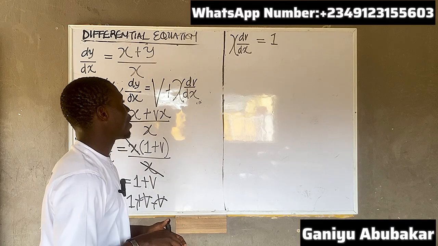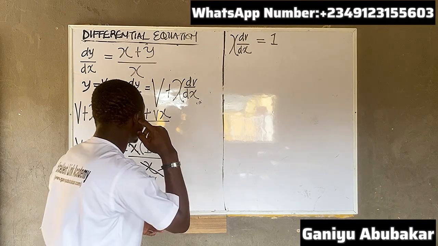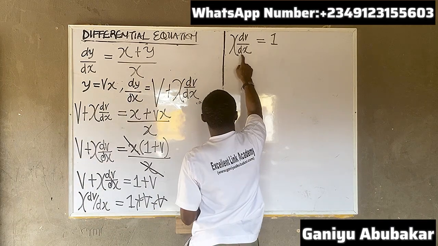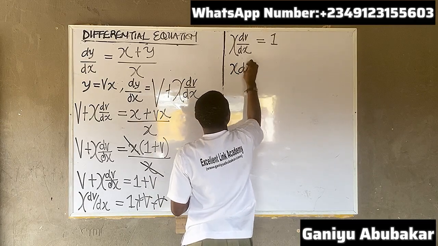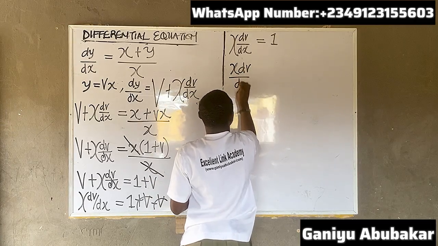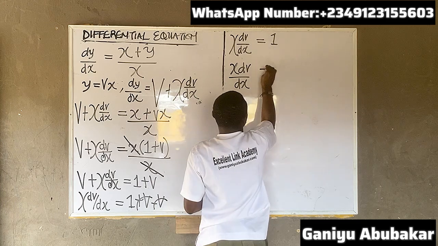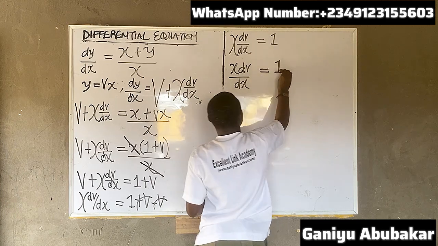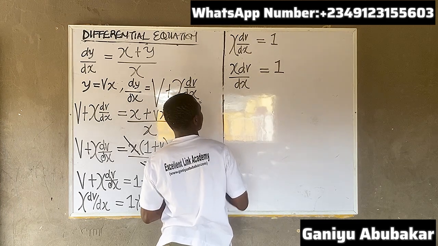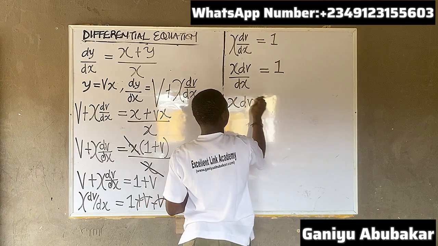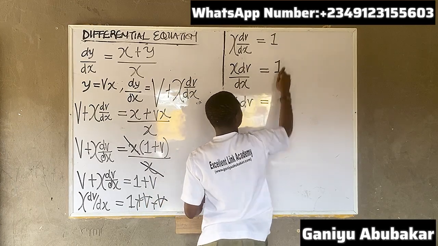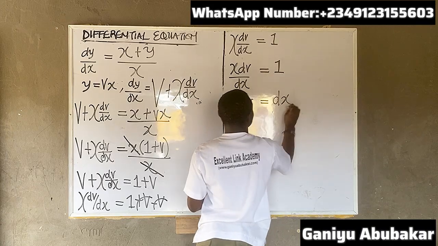From here, what next? If I want to simplify this, as I said last class, take it as x dv over x equals 1. Taking the x here, that gives you x dv equals, x times 1 gives you dx.